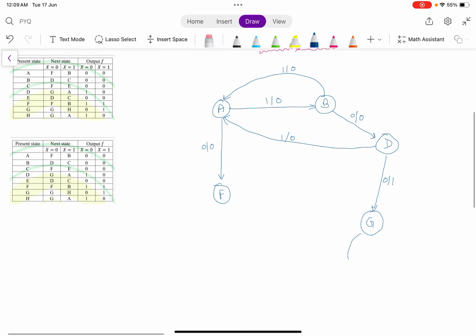G goes to itself for 0 and 0. And G goes to D for input 1, output 1. F goes to itself when input is 0, output is 1. And F goes to B when input is 1, output is 1.